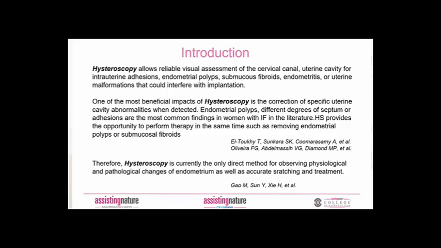Endometrial polyps, different degrees of septum, or adhesions are the most common findings in women with implantation failure in the literature. Hysteroscopy provides the opportunity to perform therapy at the same time, such as removing endometrial polyps or submucous fibroids. Therefore, hysteroscopy is currently the only direct method for observing physiological and pathological changes of the endometrium, as well as accurate scratching and treatment.